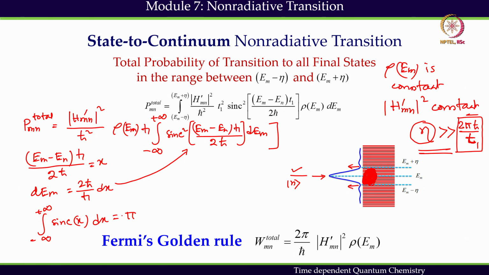So, we will use this standard integral, and if we do that, then I will find the total probability Pmn total is H'mn squared divided by h-cut squared, rho Em, T1 squared, 2 h-cut by T1, pi.